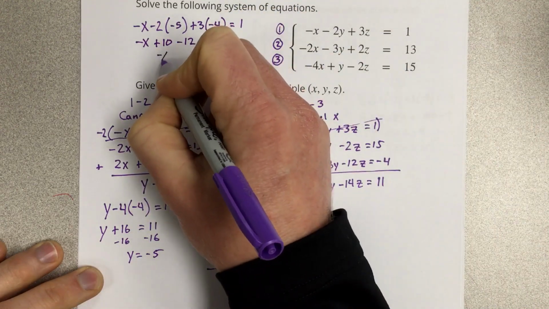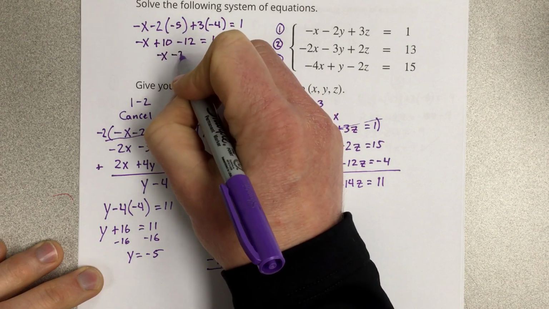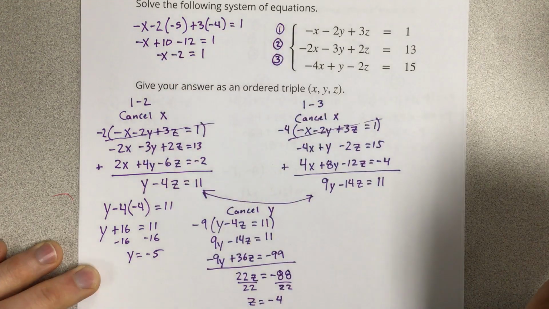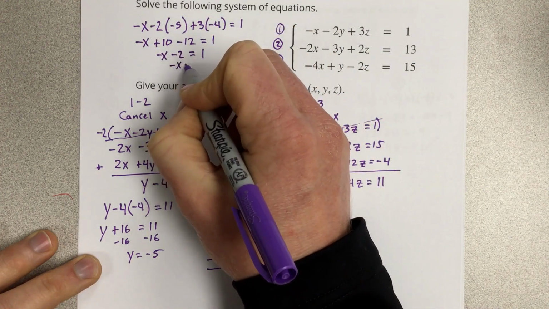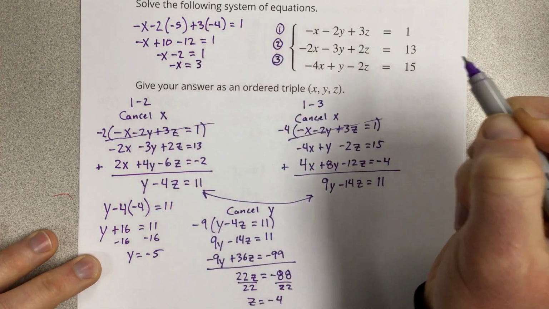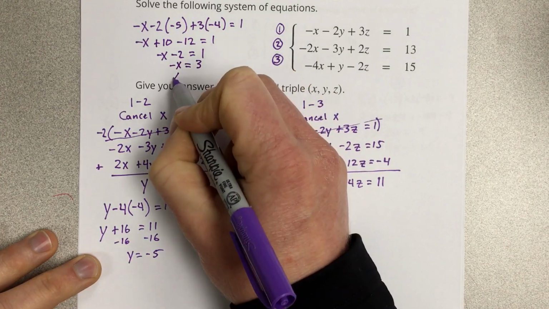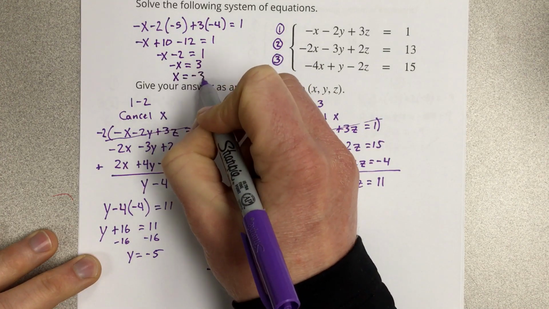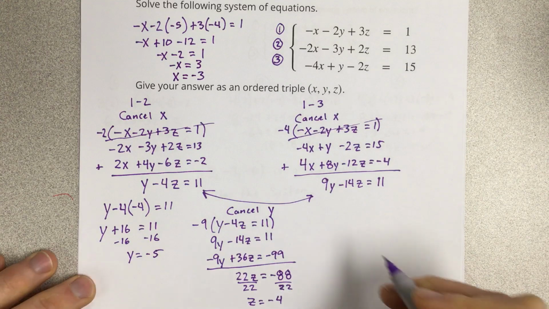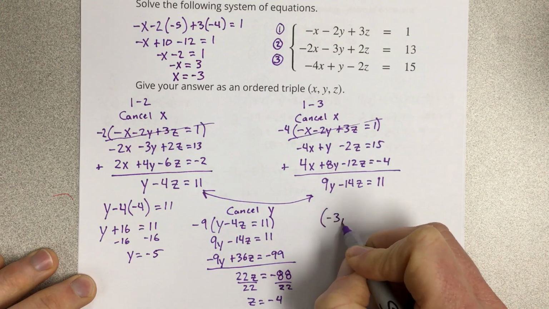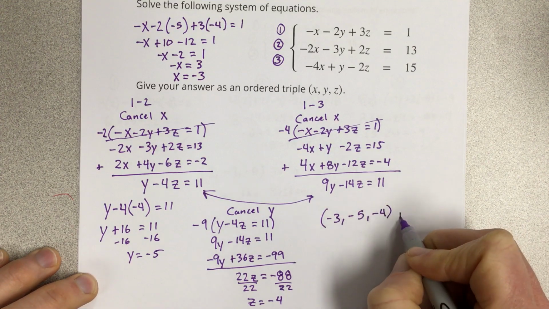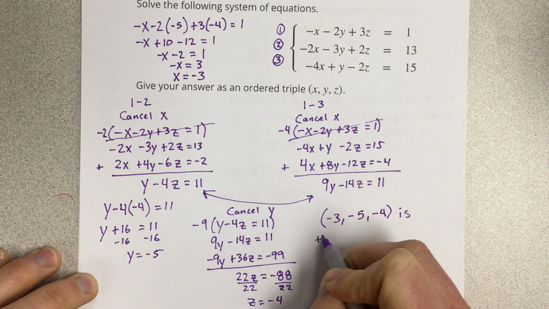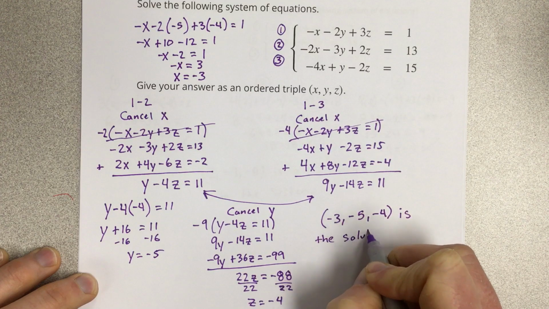So I get negative x minus 2 equals 1. Let's add the 2 over. So I get negative x equals 3. And divide by a negative, and x would equal negative 3. So my solution would be negative 3, negative 5, negative 4 is the solution to the system.